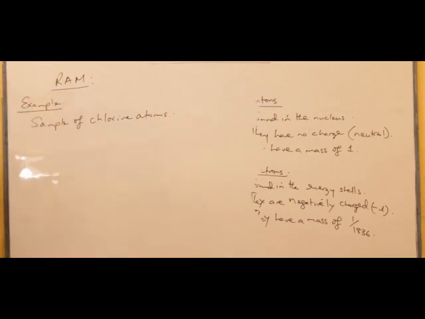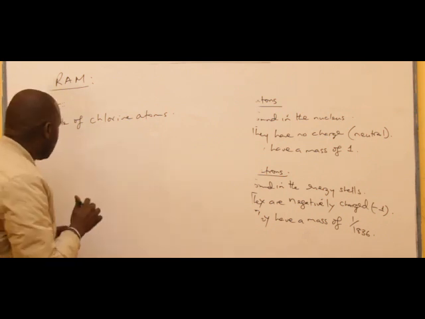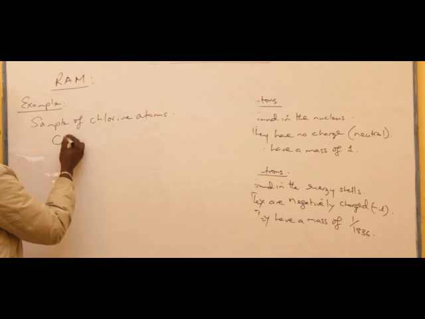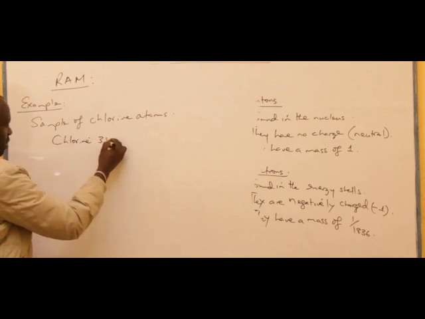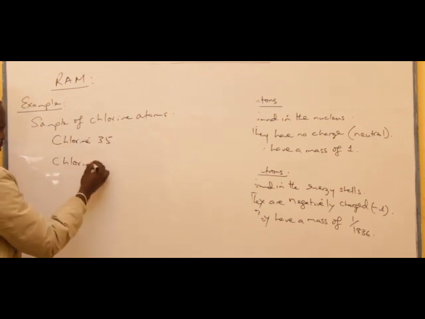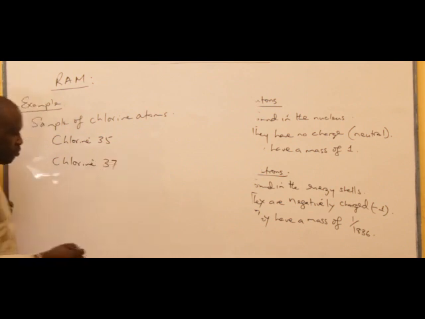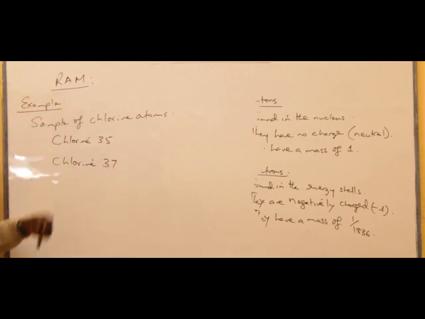You are given so many chlorine atoms, but in those chlorine atoms we have isotopes. So we can say in them we have chlorine 35 and chlorine 37. The atomic number of chlorine is 17, but chlorine atoms may have different numbers of neutrons.